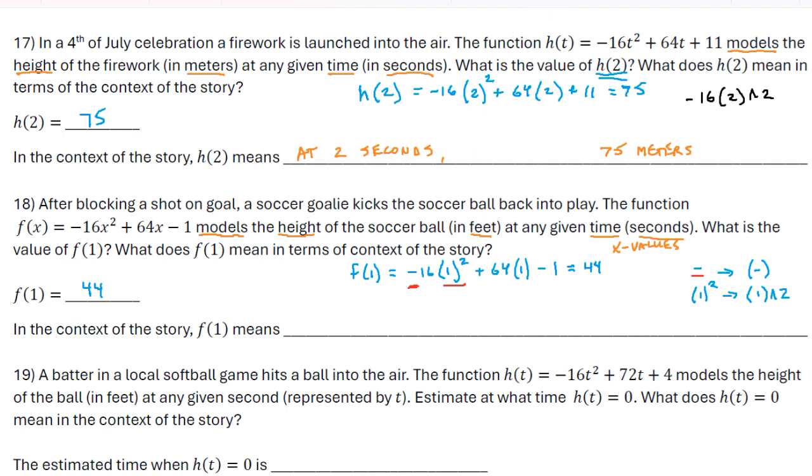So in the context of this story, this f of 1 means at 1 second, you can also say something like after 1 second, the ball is 44 feet off the ground. Or you can say feet in the air or feet high.